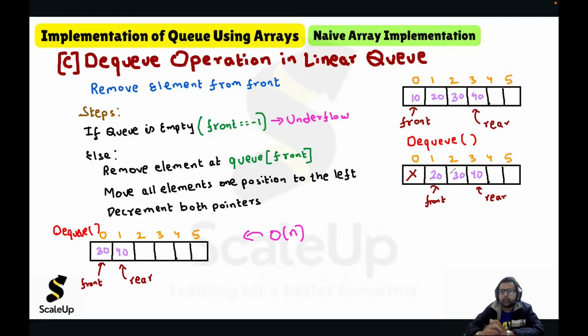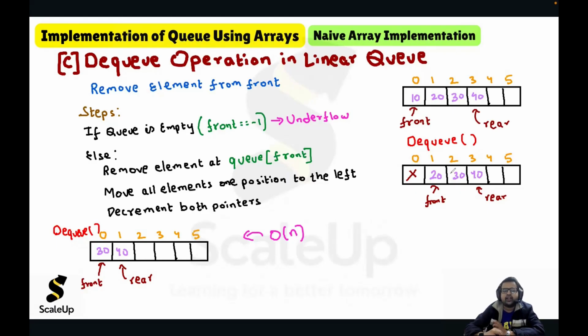But in embedded systems or in mobile computing, like some chip level programming you are doing, there is a space constraint. So there you cannot afford to waste space, and then you have to perform the shift operation.